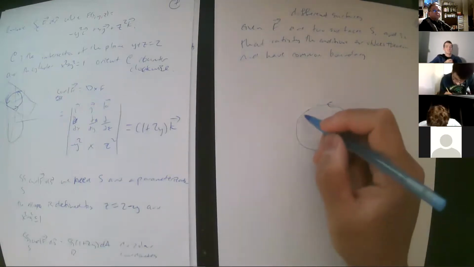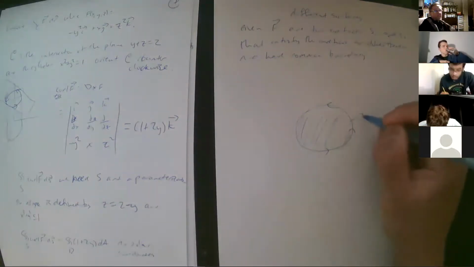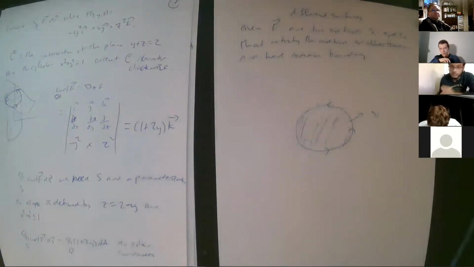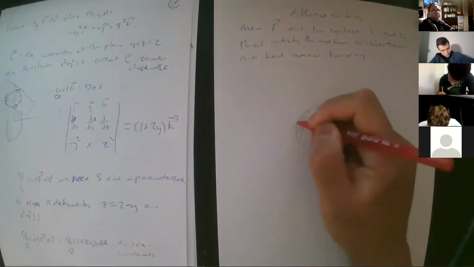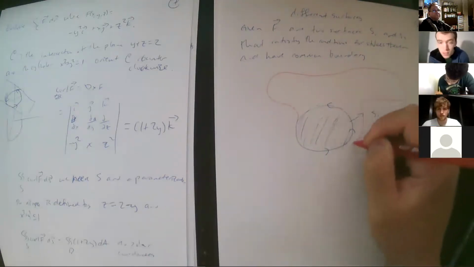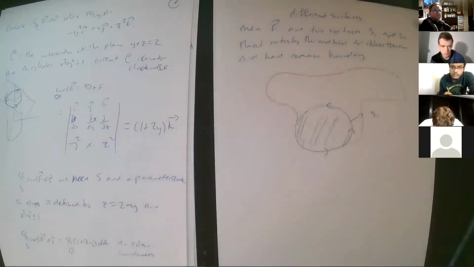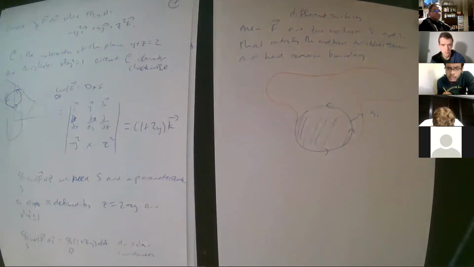And S1 is the inside. It's this flat disk. S2 is then this weird hat thing. I have two surfaces.